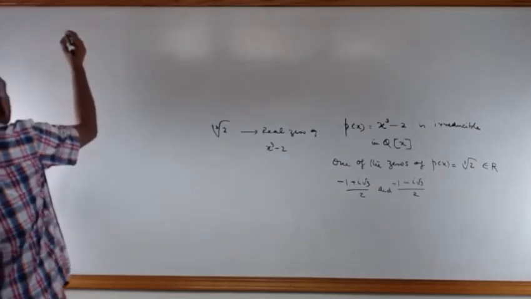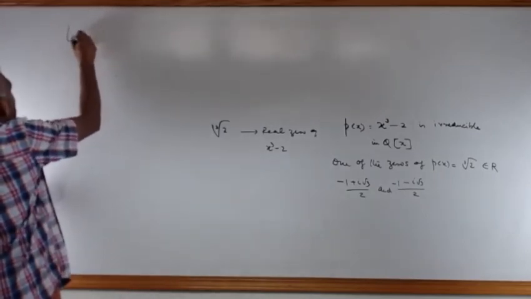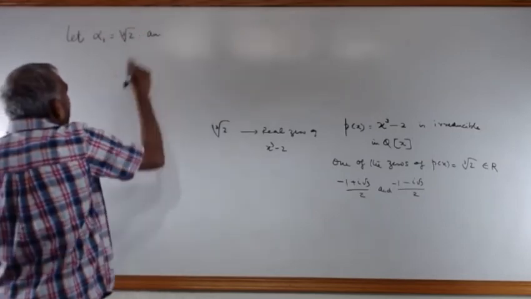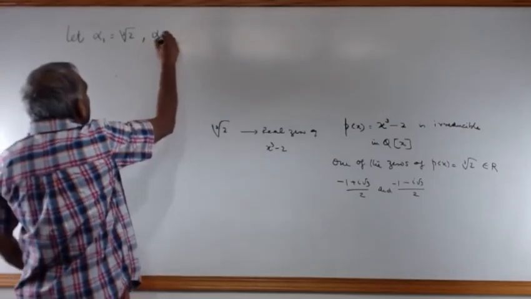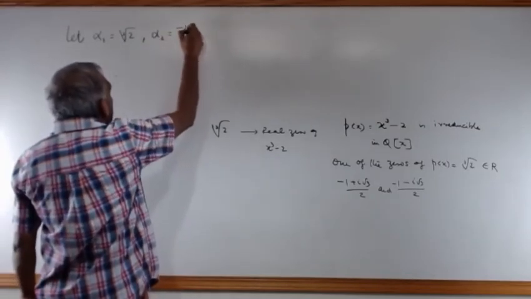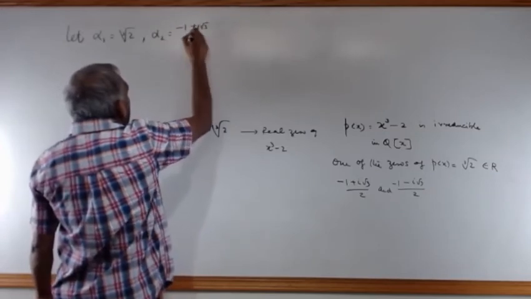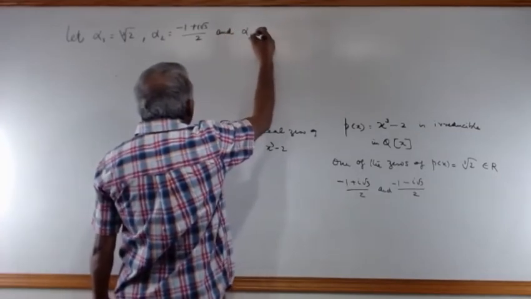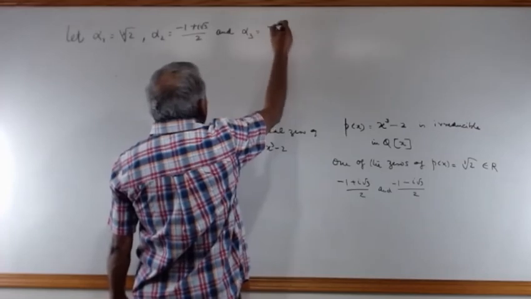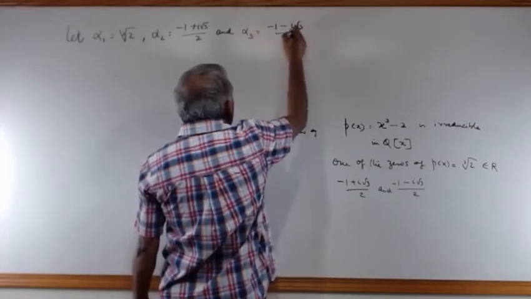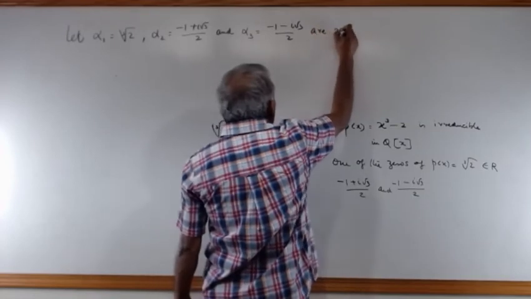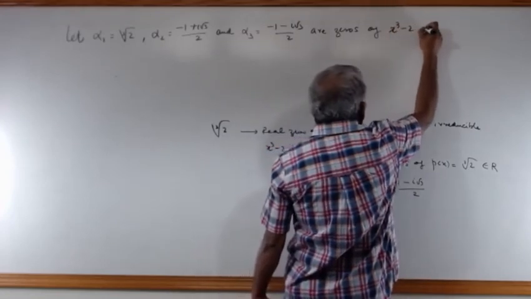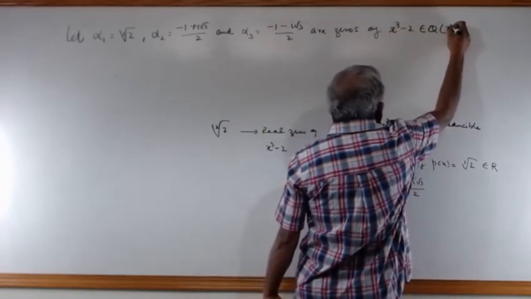So we'll write it like this. Let alpha 1 be equal to cube root of 2, alpha 2 equal to -1 plus i root 3 by 2, and alpha 3 equal to -1 minus i root 3 by 2, are zeros of x cube minus 2 in Q of x.